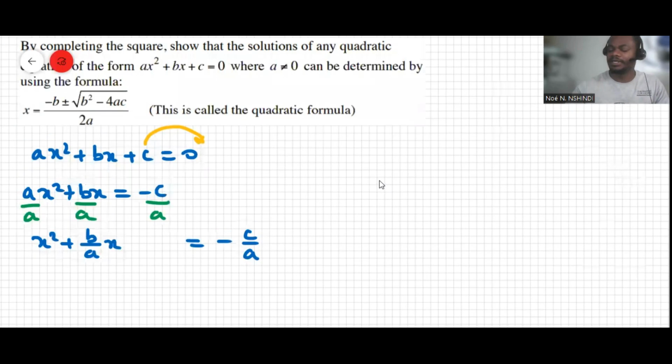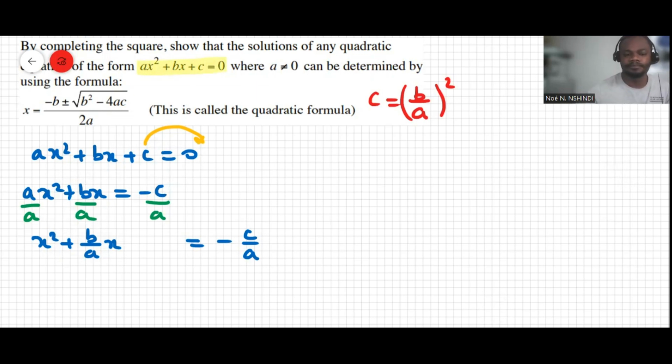After we get rid of the coefficient of x squared, the coefficient of x will be expressed by b over a. This is the quadratic equation.